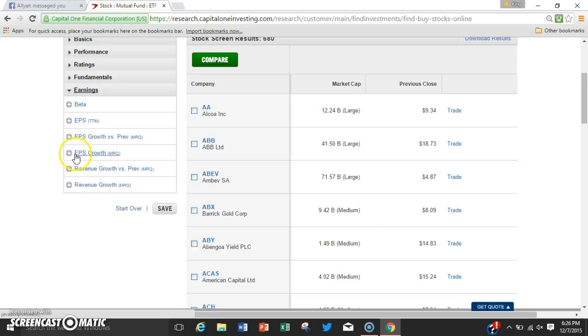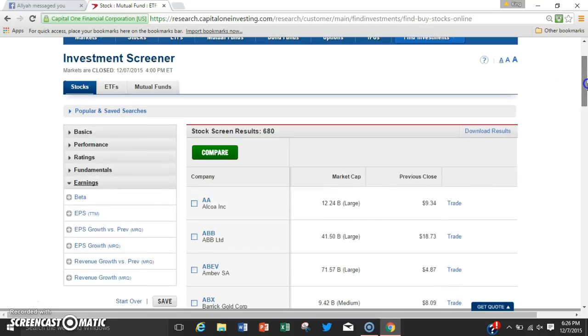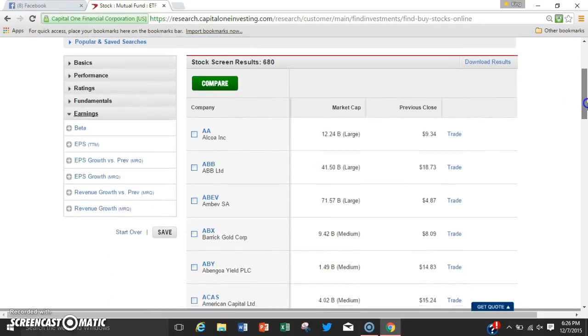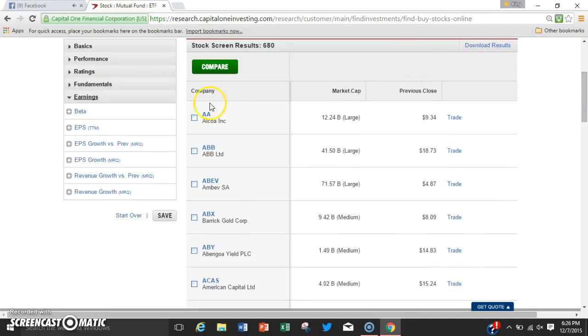And the rest of them, betas, revenue growth, and things like that. So when you do compile a list, or whenever you fill out exactly what you're looking for, basically what you want to do is grab a few to compare. Say I can grab about 5.